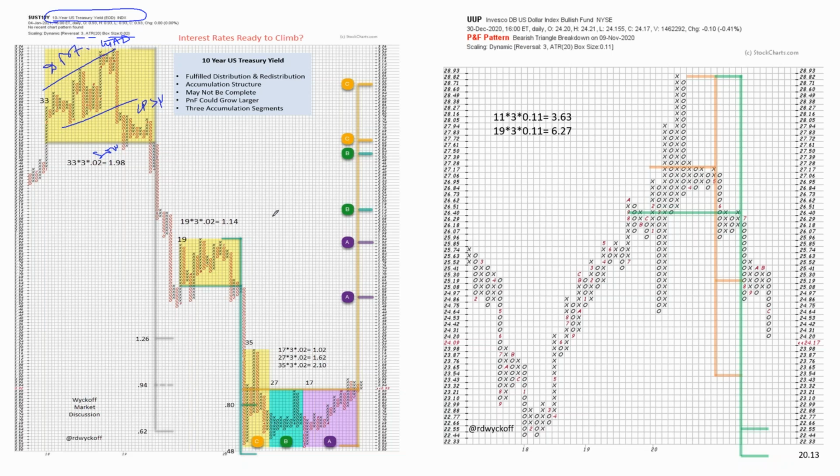Then the question becomes how much can they fall? How much can rates go down? At the top of this range in this yellow box, it's about a 3.24% yield down to about a 2.6 yield at the bottom of the range.